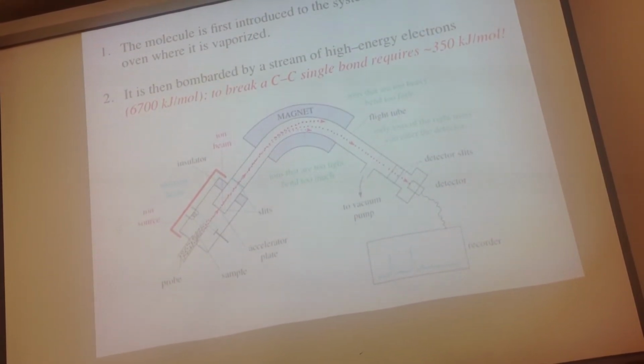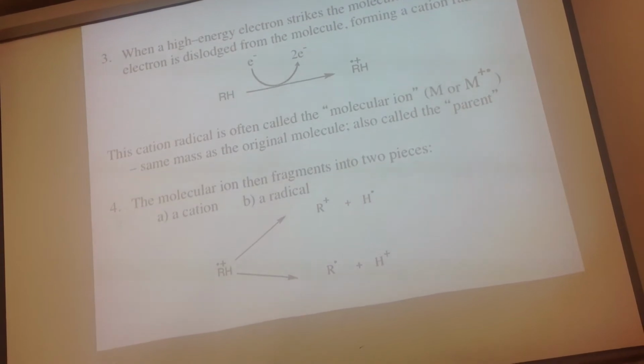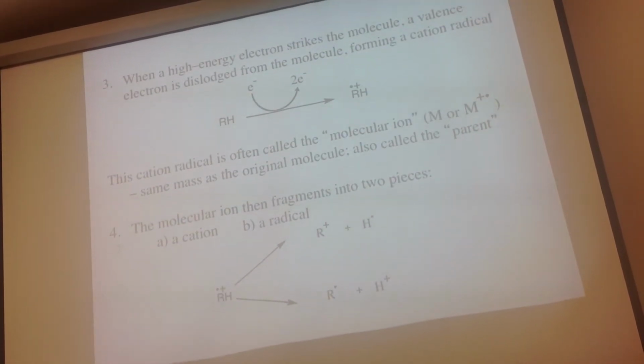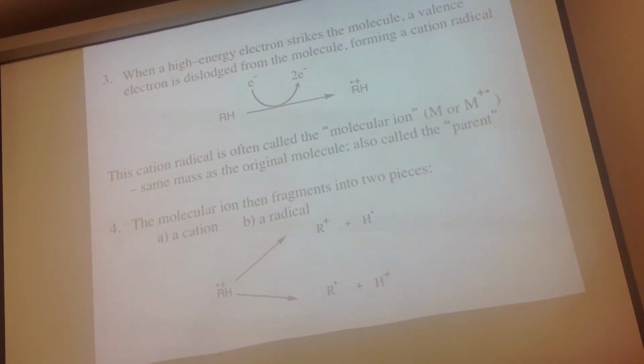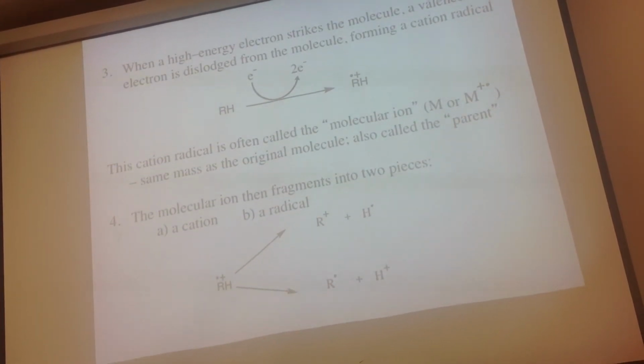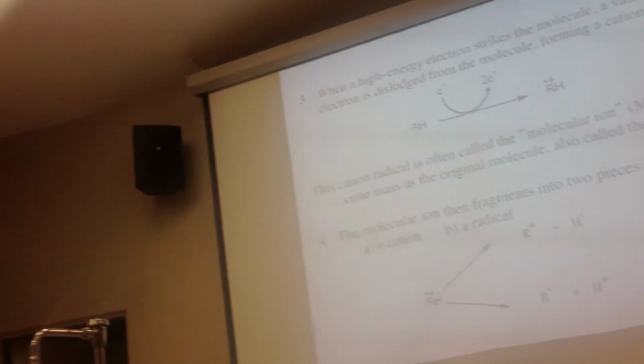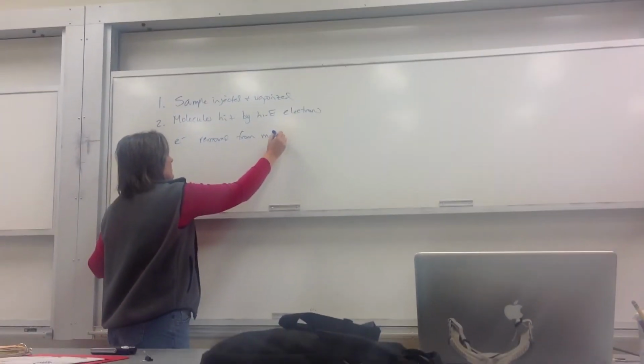At that point, you knock an electron out of the molecule. So what is going to happen, and I'm going to be drawing it as we go through and do mechanisms of these different functional groups, I'm going to draw it like this. An electron is removed from the molecule.